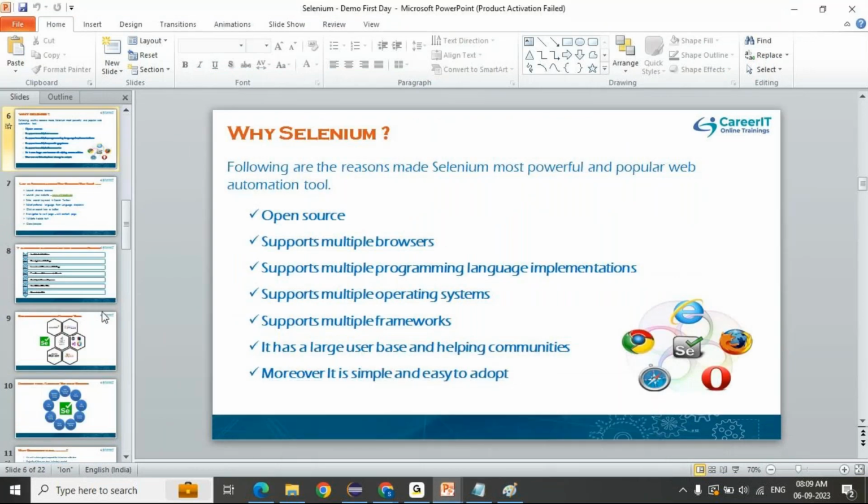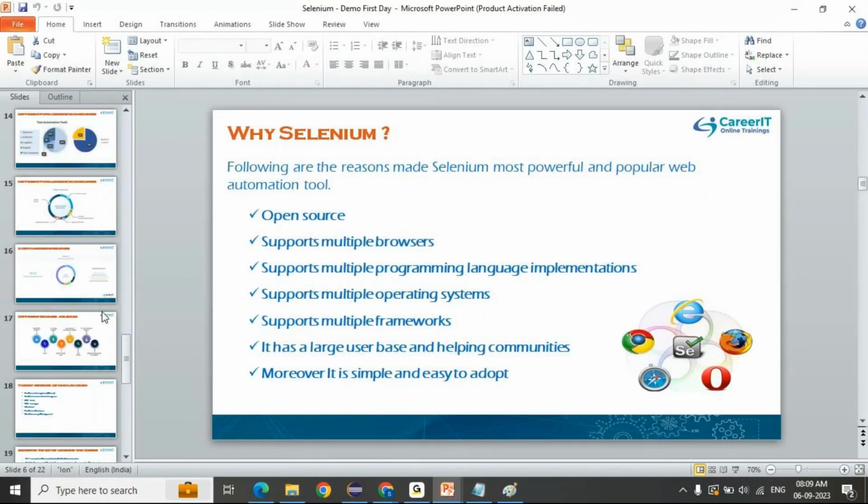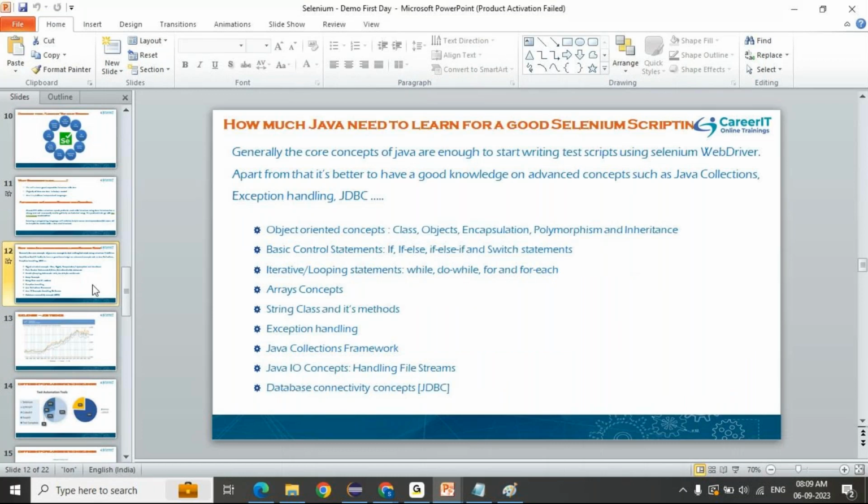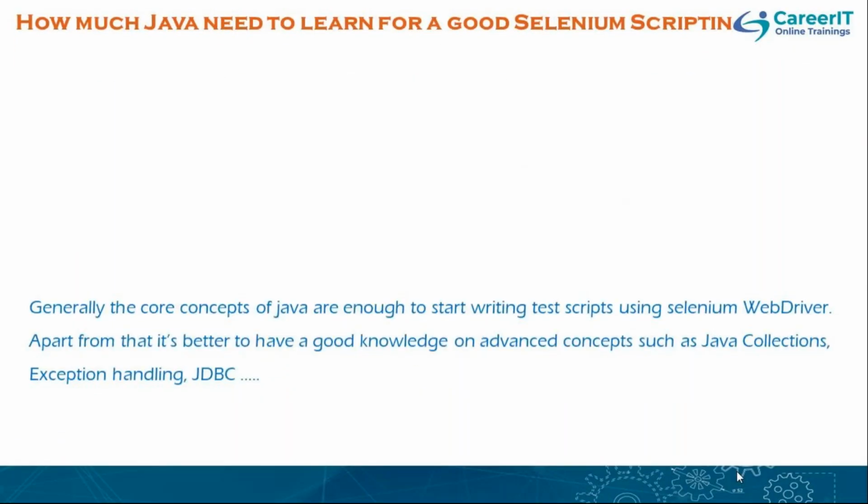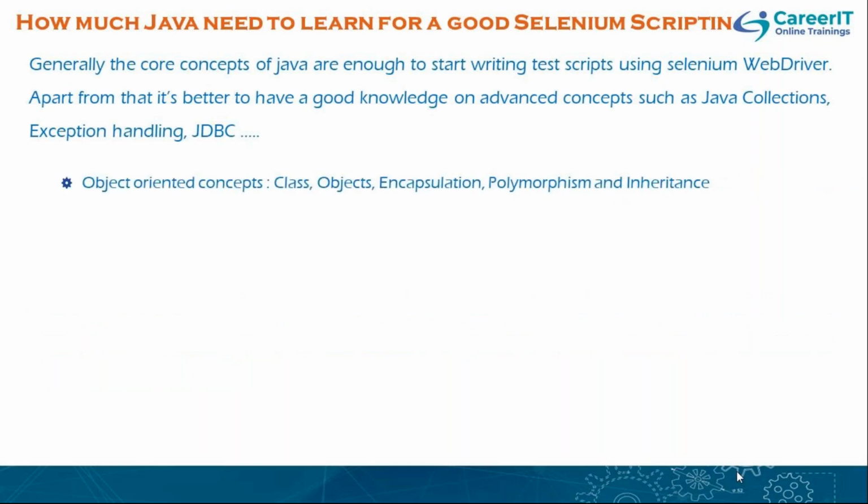Generally, for our Selenium test automation, how much Java is required actually, right? If you see, these are the topics which are enough for our Selenium test automation. Java is a very vast language, there are a lot of concepts. We need only core concepts of Java for our Selenium test automation.